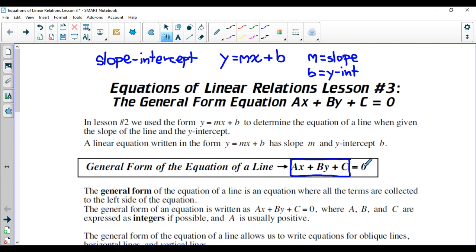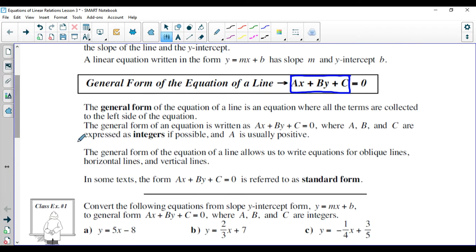That's what your general form is: you take all the terms that make up an equation for a straight line and collect them on one side of the equation.